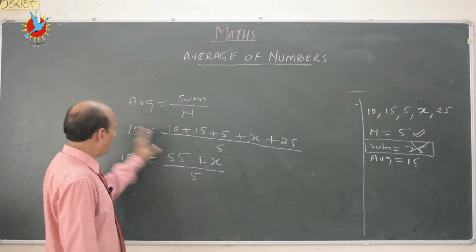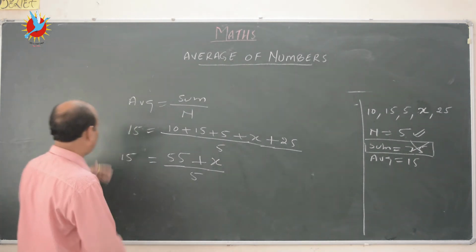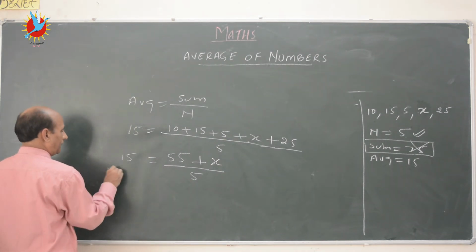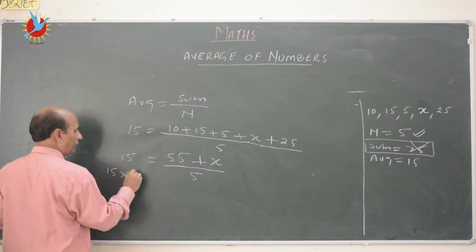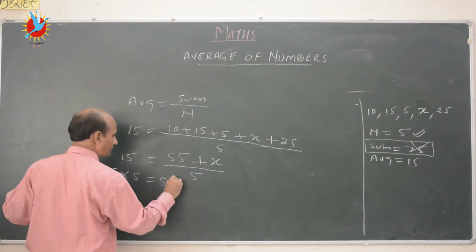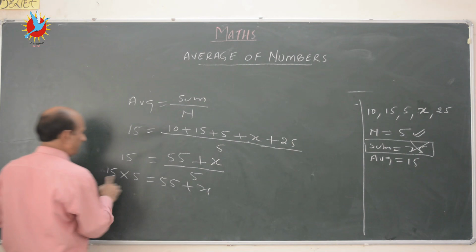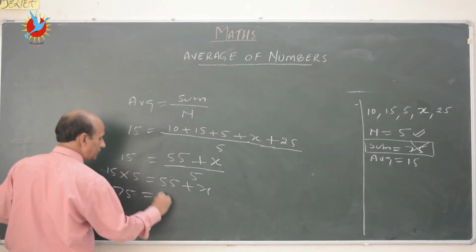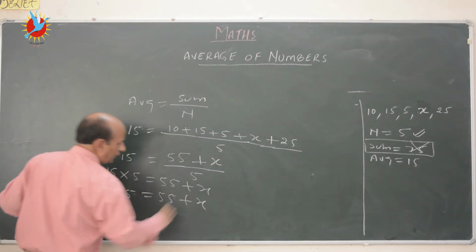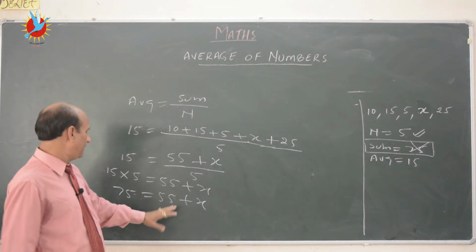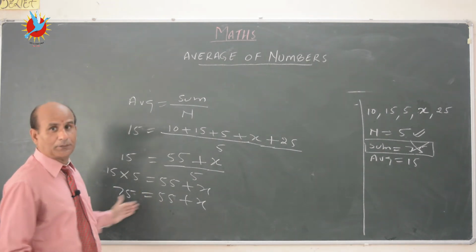So shift all other things in the left hand side. First 15 multiplied by 5, 15 fives are 75. Now here it is added. When it comes in this side, then it is subtracted.